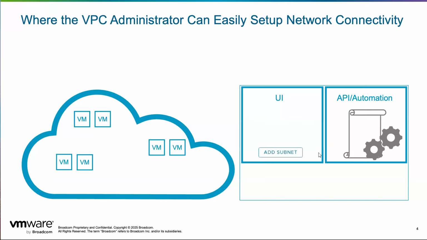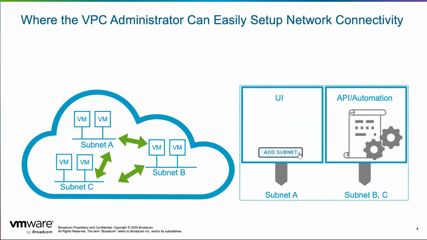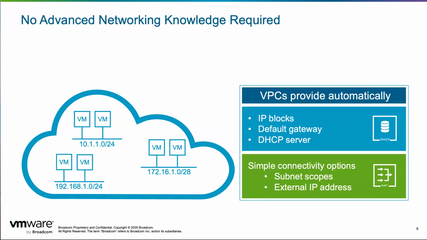So what we want is that this person can easily create virtual networks, that we call subnets in this context, via the vCenter UI or via API, and attach their virtual machines or their containers to those subnets and provide the appropriate connectivity. So again, the target persona is not a network expert.